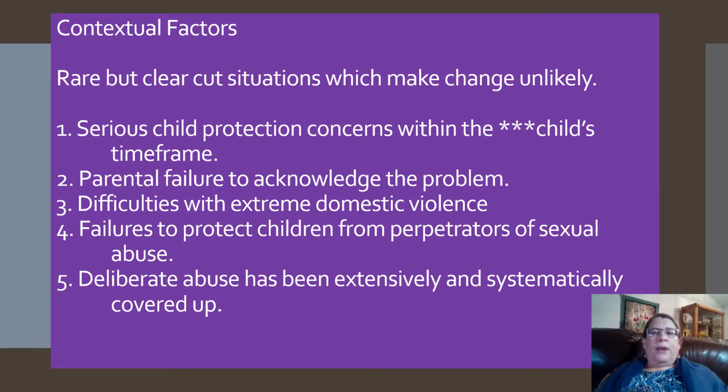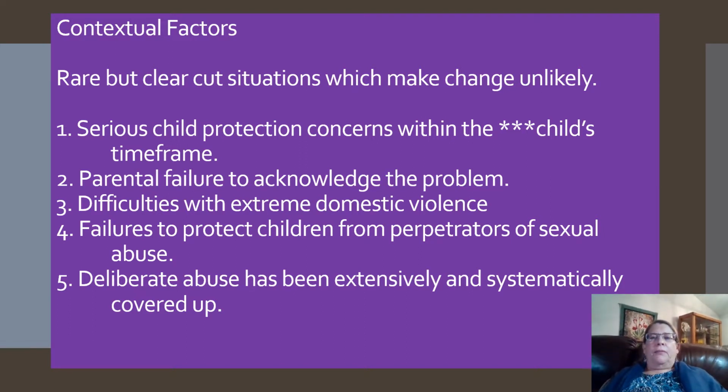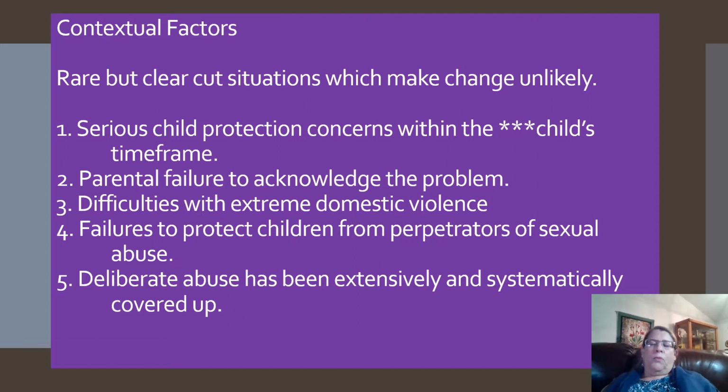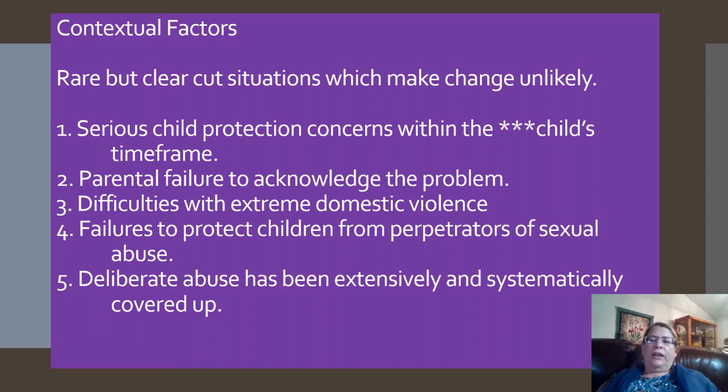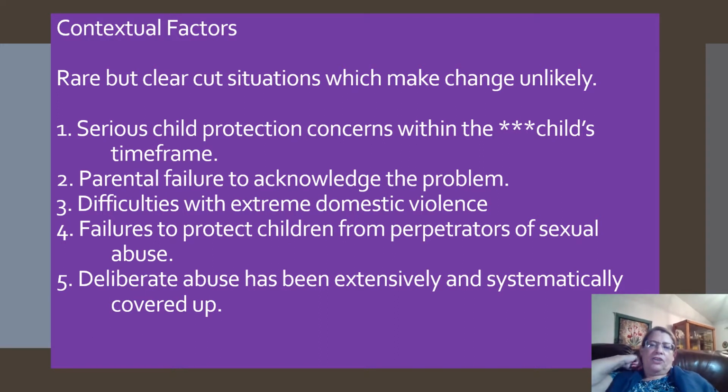The other rare things that come up are actually very unlikely that you'll deal with, but I want you to keep them in mind. Anytime you have a serious child protective concern and it is not matching up with the child's time frame. What does that mean? One thing we have learned through the research is that parents' best opportunity, and the quickest time in which they will make change, is between the birth of a child and the first 6 months of that child's life.